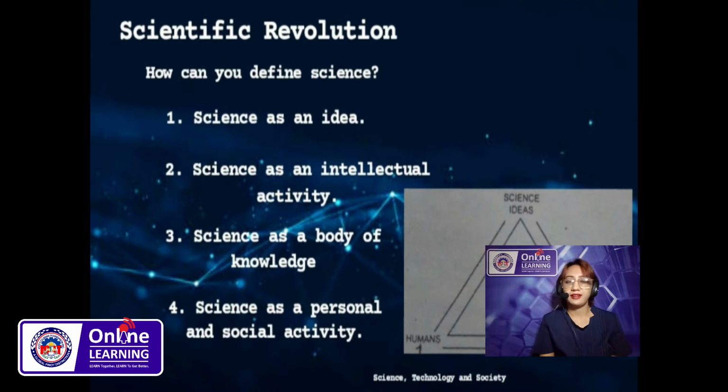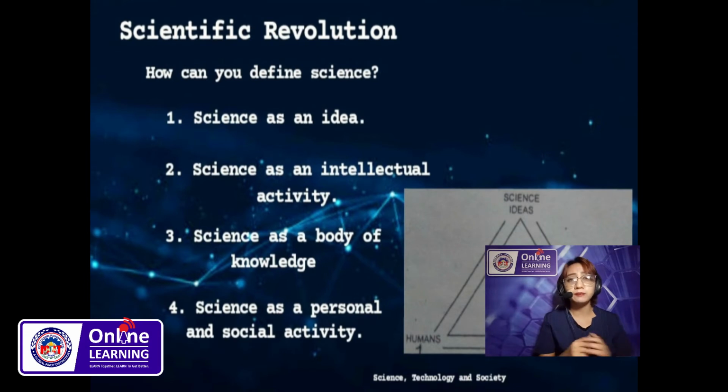Third, it is defined as a body of knowledge. Science is described as a subject matter, a discipline, a field of study, or a body of knowledge that deals with the process of learning about the natural and the physical world. This is what we refer to as a school of science.